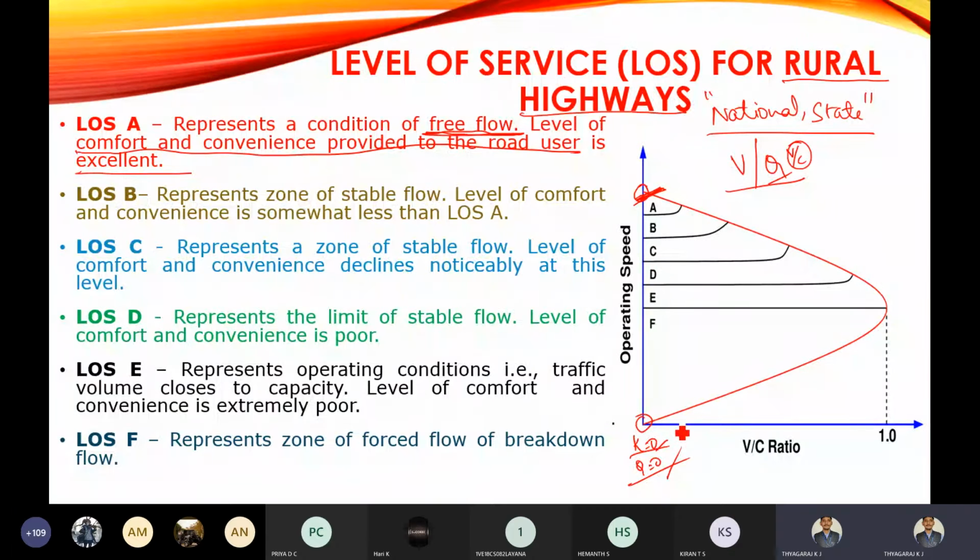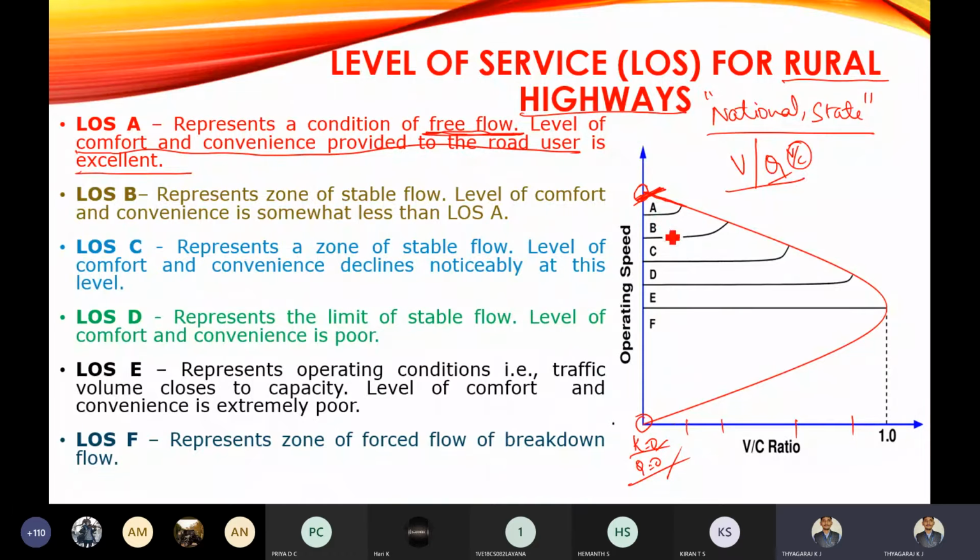Then as the density keeps on increasing, the speed is going to decrease. Why? Because as the density increases, the number of vehicles you keep adding keeps on increasing on the road.